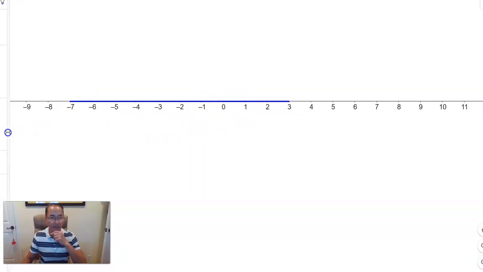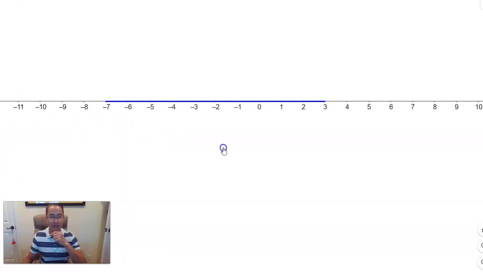All the values of x between minus 7 and positive 3 are going to be absolutely convergent. However, if x is bigger than 3 or less than minus 7, in red, okay, in this case red is bad, then our series is going to diverge, right?